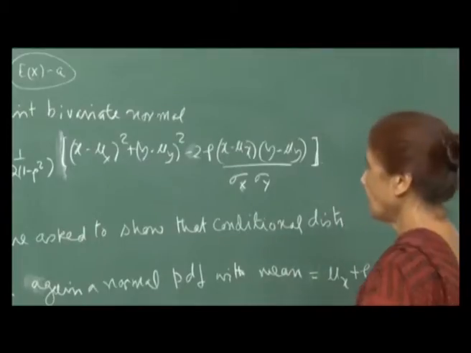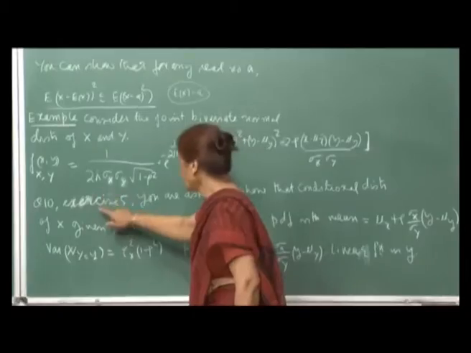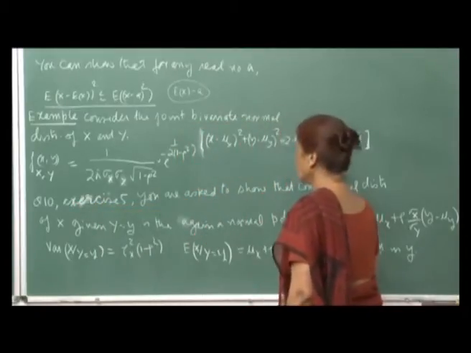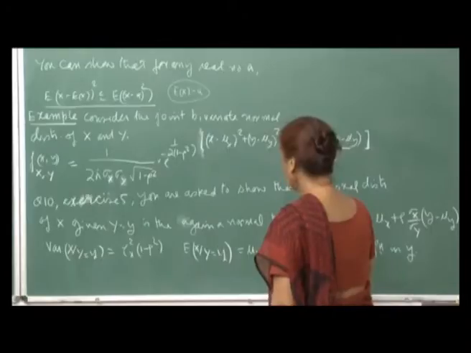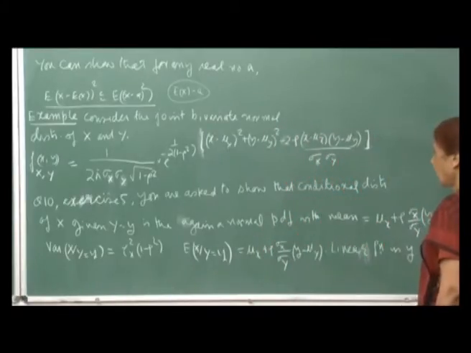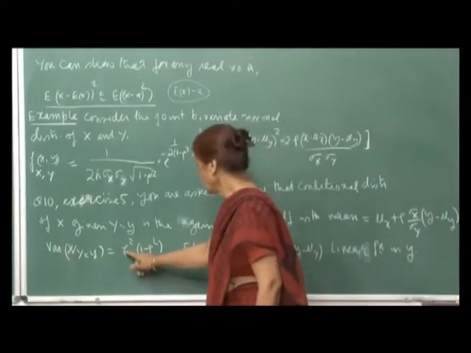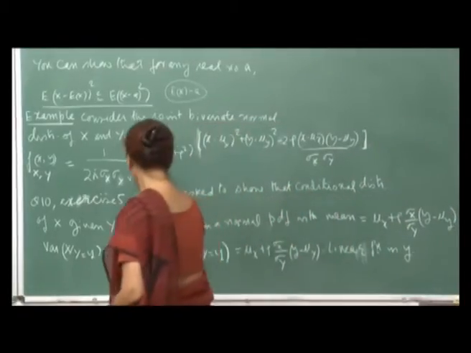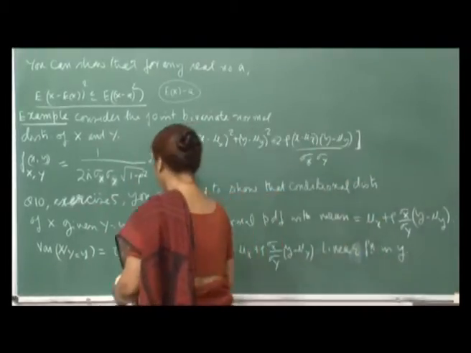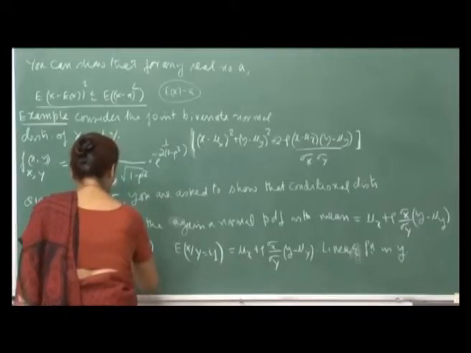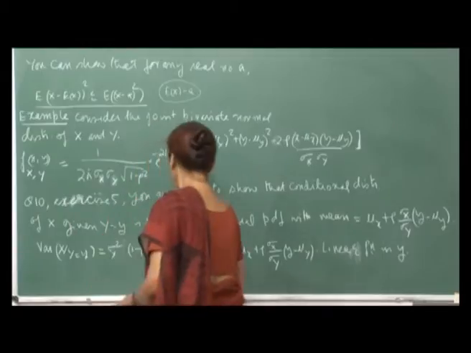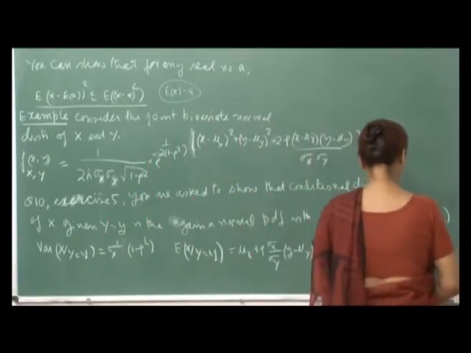In exercise 5, question 10, I asked you to show that the conditional distribution of x given y equal to y is again a normal PDF with mean this, and variance equal to rho square. No, why am I writing rho square? This should be sigma square, sorry. So, this will be sigma x square into 1 minus rho square.